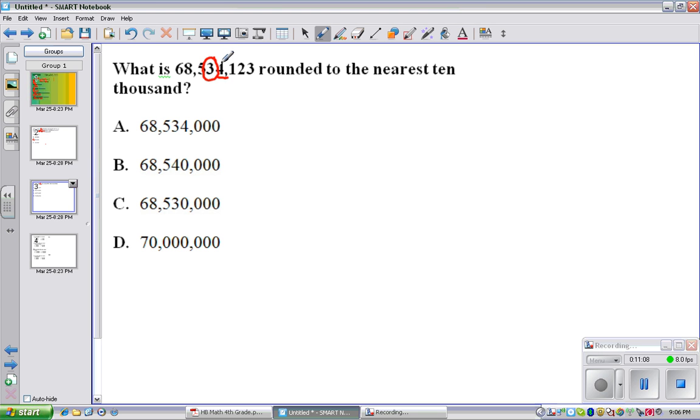The boss tells me what to do. Since the boss is a 4, I know I need to keep the 3 the same. So I keep the 3 the same, and all the rest of the numbers become zeros. Almost there. Don't forget, the numbers to the left of the circled number always stay the same. The correct answer is 68,530,000, or letter C.